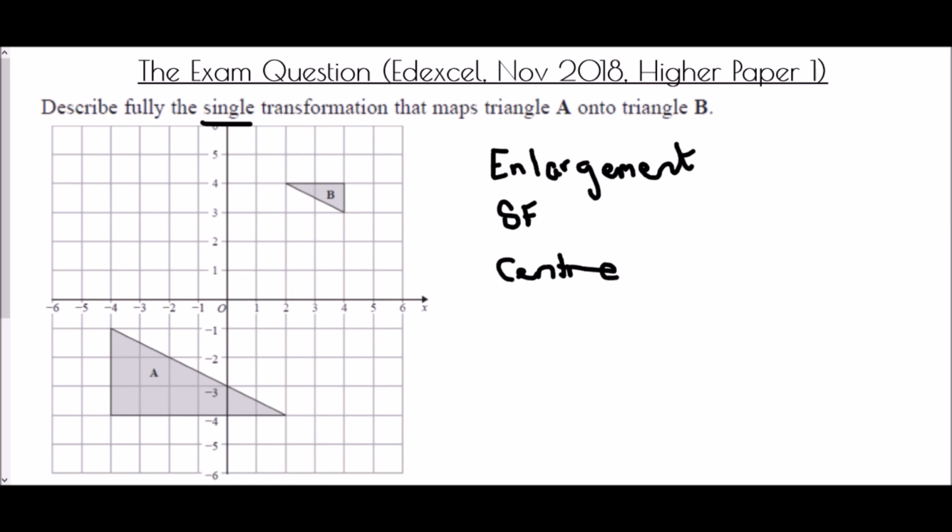Now again, if you want to, you can mark corresponding angles. So the right angle and the right angle, the shorter side of the triangle with the shorter side of the triangle, and the longer side with the longer side, and then we'll join each of those together. So blue needs to join to blue, pink needs to join to pink, and green needs to join to green.